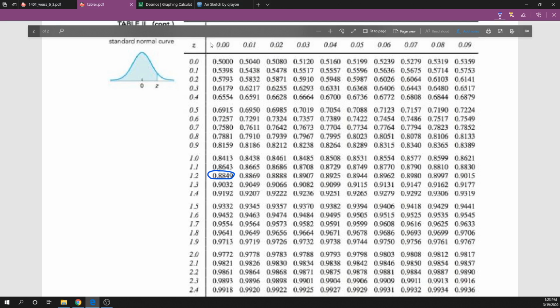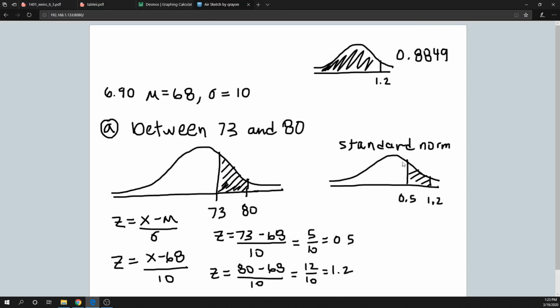Okay. Next up, we are going to look up the area to the left of 0.5 in table 2, because that's how table 2 works.